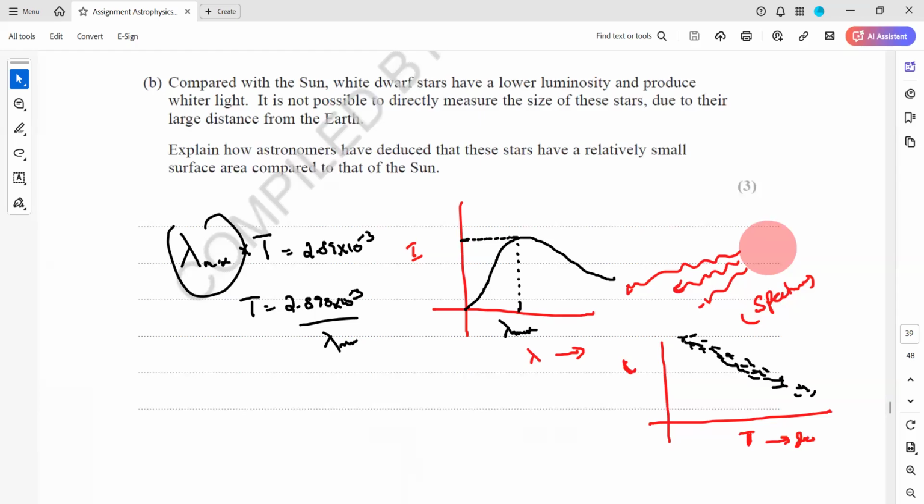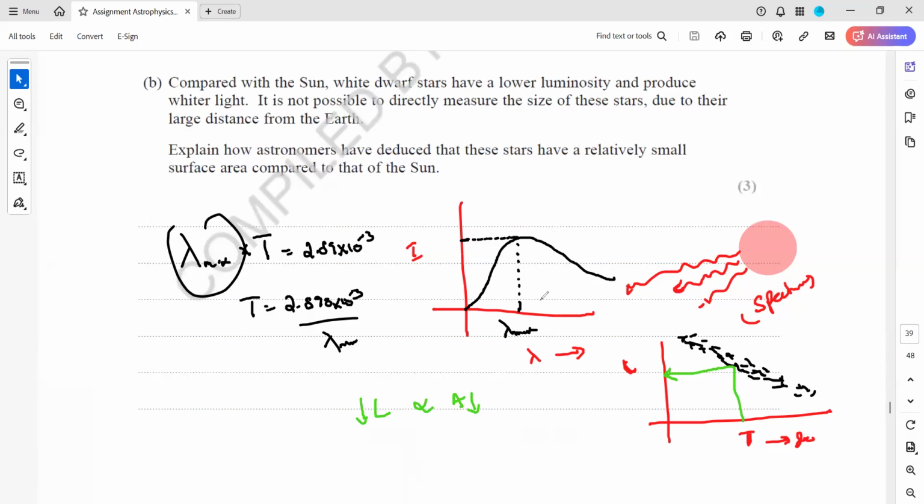Using it, once we know the specific temperature of the star, we can find the luminosity of the star. The general trend is that if a star has a low luminosity, it will have a smaller size as well. That's the relation between luminosity and area according to the Stefan-Boltzmann law: if a star has a large surface area, it will be more luminous. So these are the parameters which we use.